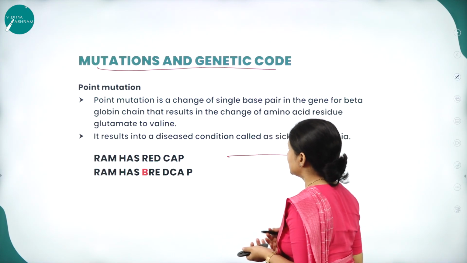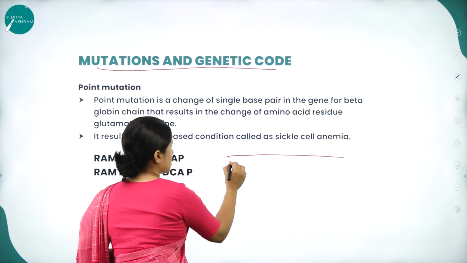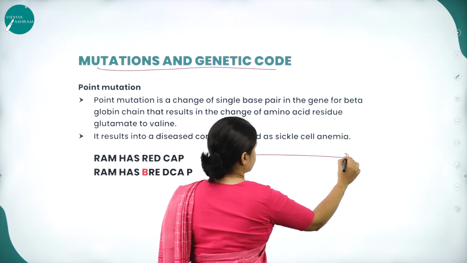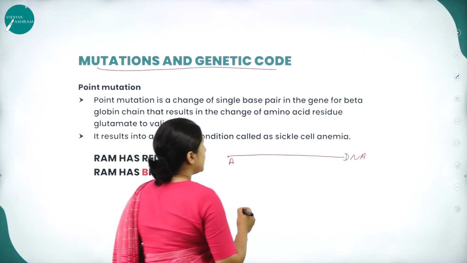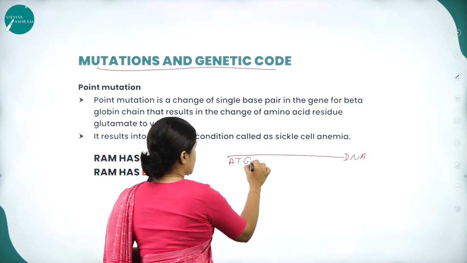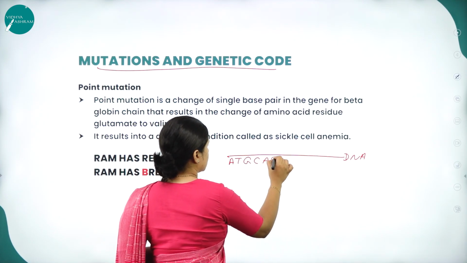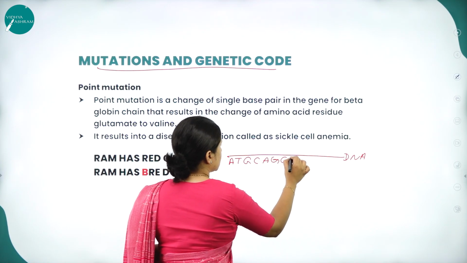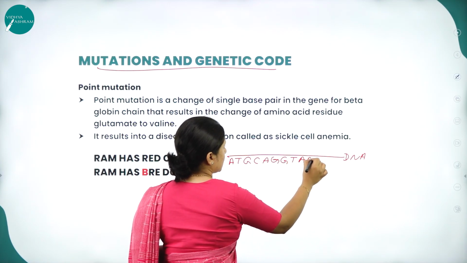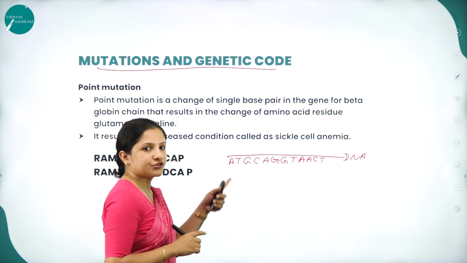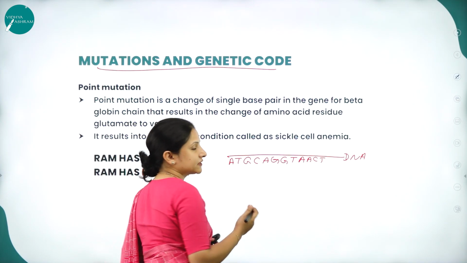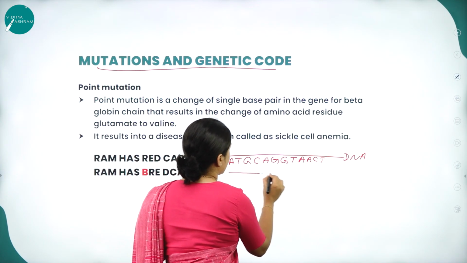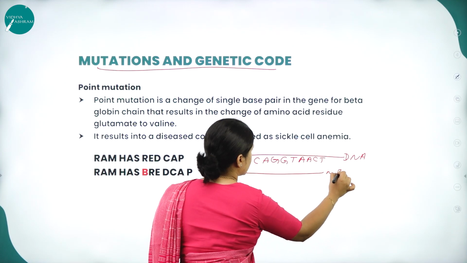Say for example, this is the DNA strand. So I'll write a gene. DNA: A, T, G, C, A, C, G, A, G, G, T, A, C, T, for example. For this, we have studied in the previous session that an mRNA strand needs to get formed, right?